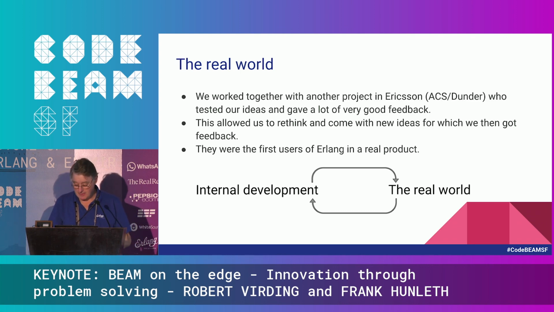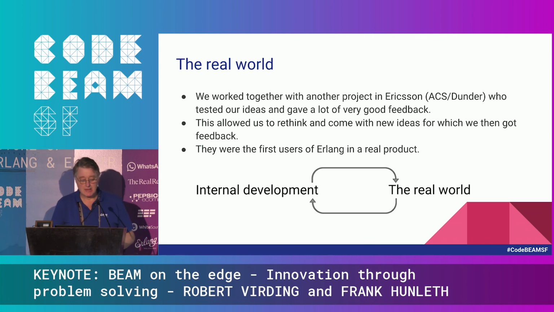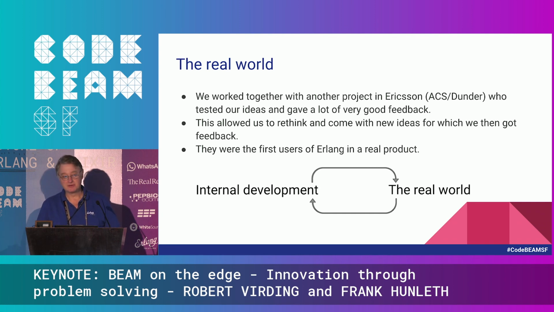But we also were lucky that we could work together with another group inside Ericsson in a project called the ACS Dunder. They were looking, if I remember correctly, at making an architecture for smaller exchanges. So they were very much from the problem side, or from the product side there. And we had a collaboration with them. I cannot remember how we actually got into it.